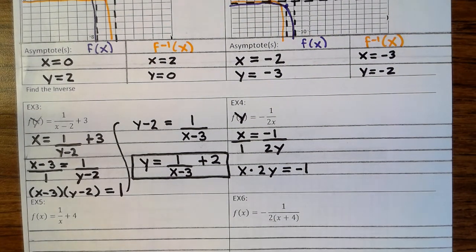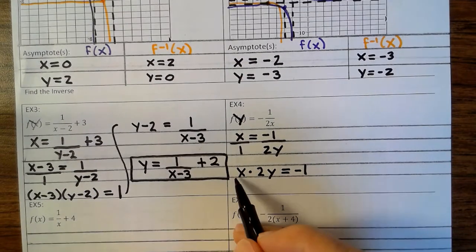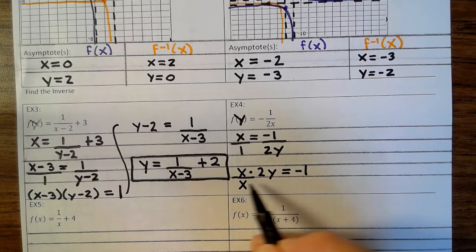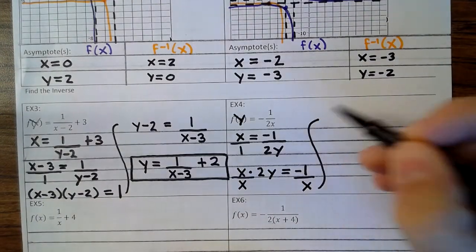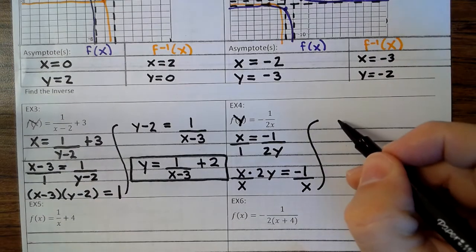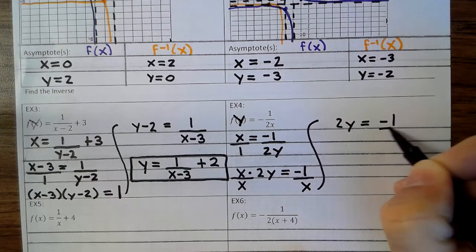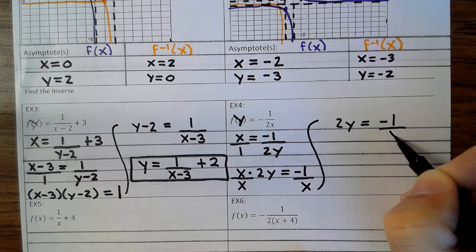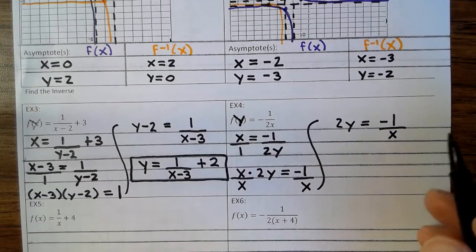Now, I really didn't show the space here, but I'll show it here. Really, you're going to divide both sides by x. So then you get 2y equals negative 1 divided by x. And then you divide both sides by 2.